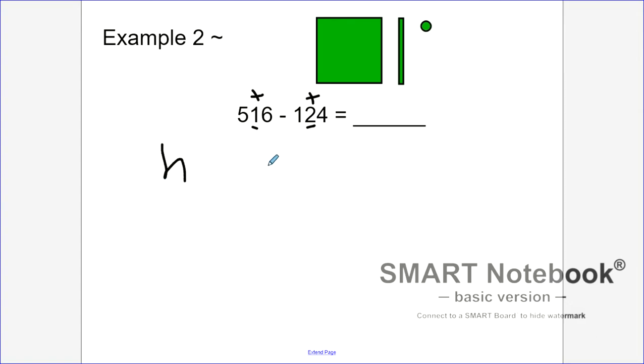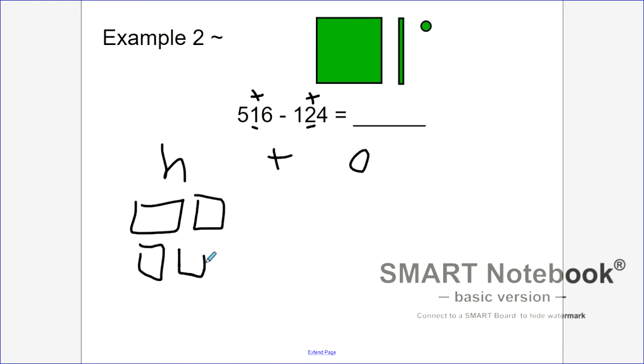Let's go ahead and draw 516. And again, we just have our lonely 1 ten and 6 ones. 1, 2, 3, 4, 5, and 6.